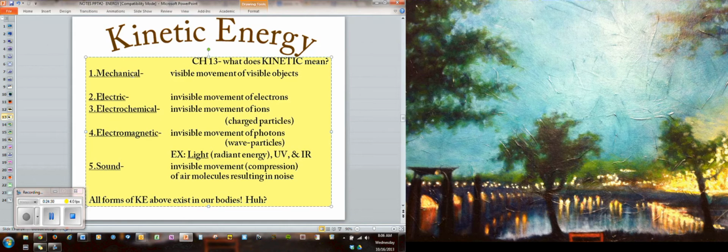Electric. You have a heart and a brain that rely on electrical impulses to operate. Electrochemical, this is happening as ions move in and out of your cells. We'd already talked about electromagnetic, you give off heat. And sound, you are doing this in your voice box area, compressing air, and it is popping out of your mouth in beautiful sounds.